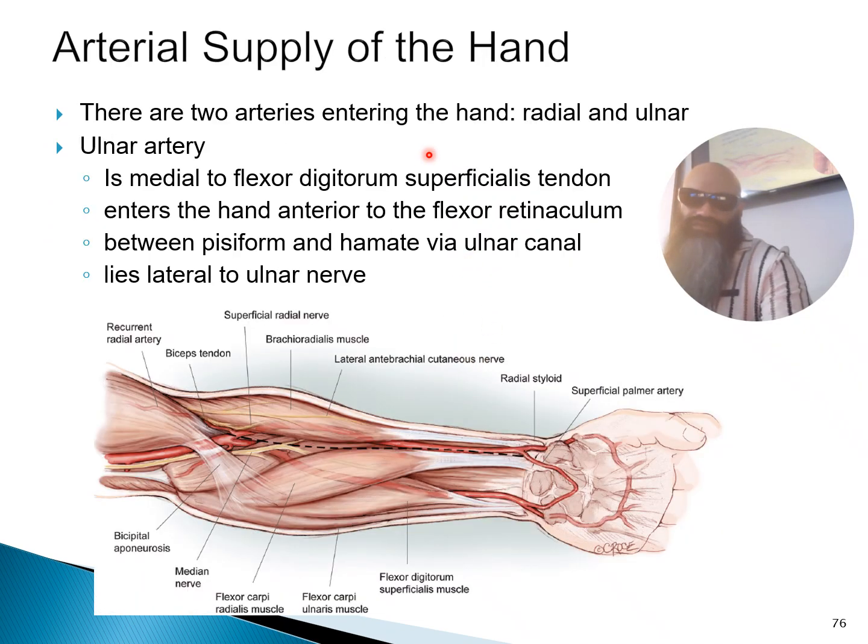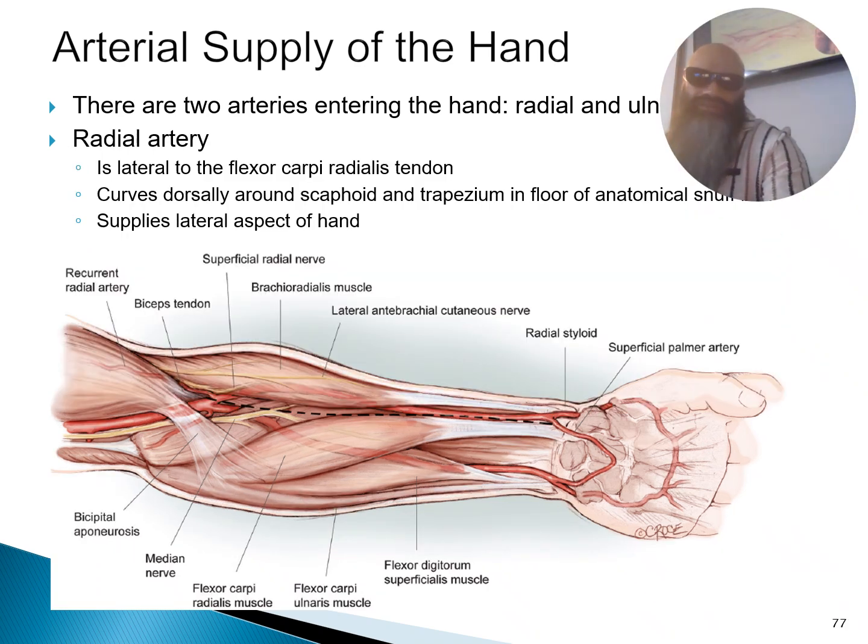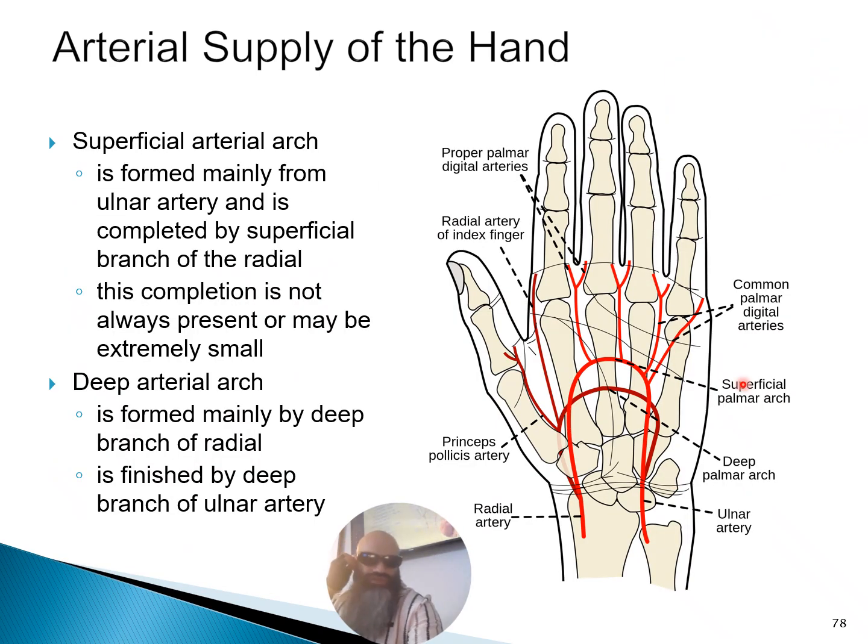So we have your radial and ulnar artery. Know where these are located. Obviously, that's where you take your pulse, right? Radial artery. The other one's on the other side, the ulnar artery. That's what I would know for this. Don't worry about the arterial supply in the hand.